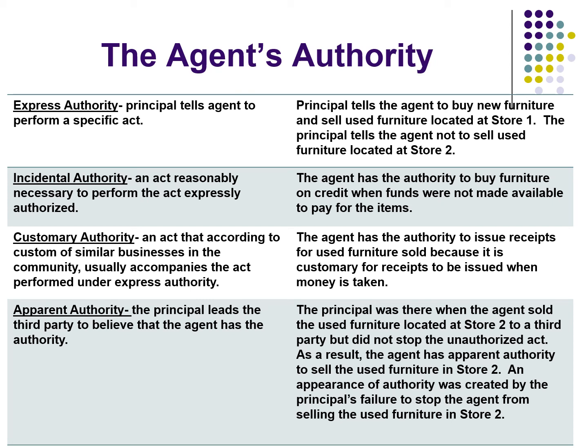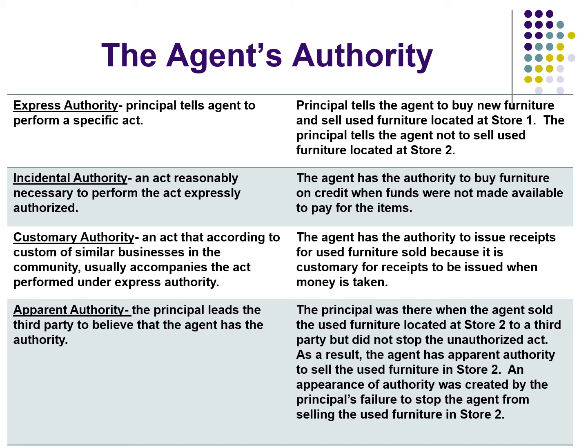But the principal is right there and doesn't say anything. They don't stop them. They stand by while their agent, the store manager, sells used furniture in store 2 to a third party, and they don't stop it. Hopefully you're thinking in your head that means that their authority, even though they didn't have it, has been what?